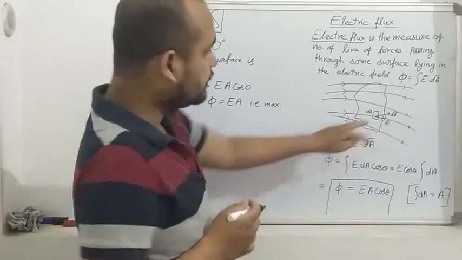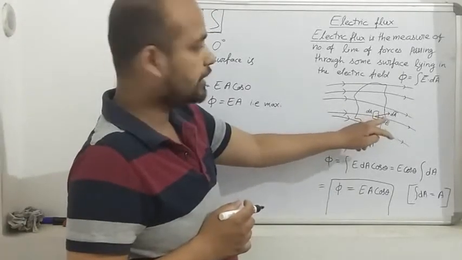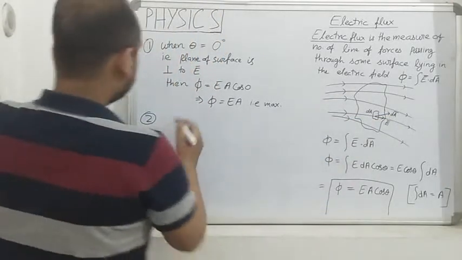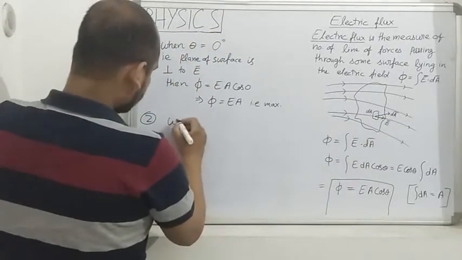Why? Because the angle theta which we are taking is the angle between the area vector and the electric field.